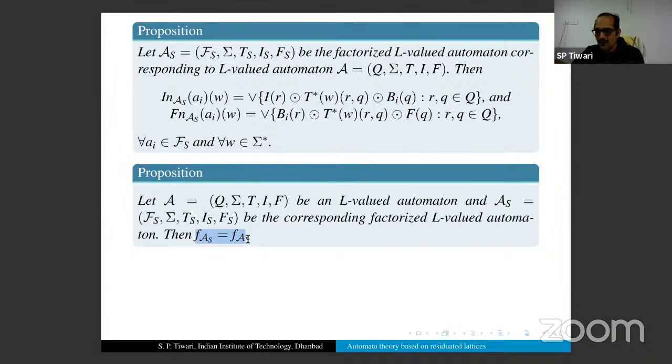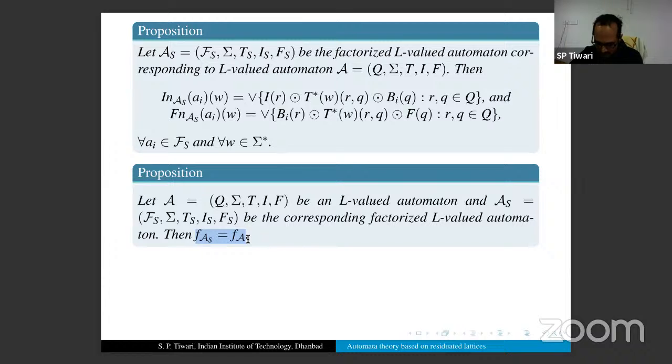So again the question comes here: if their role is the same, they are accepting the same languages, so why are we working on this factorization theory, and after using factorization theory we are constructing something, even finally reaching the same conclusion that their power in the sense of acceptance of language is the same?